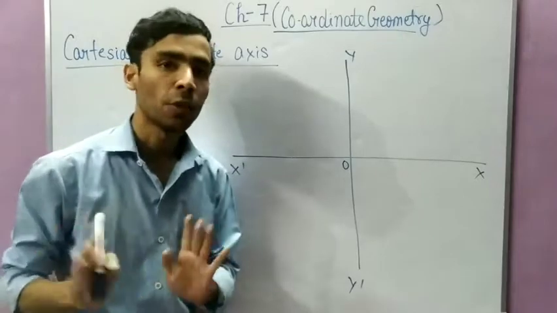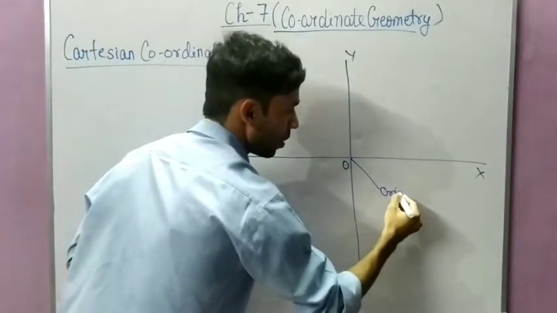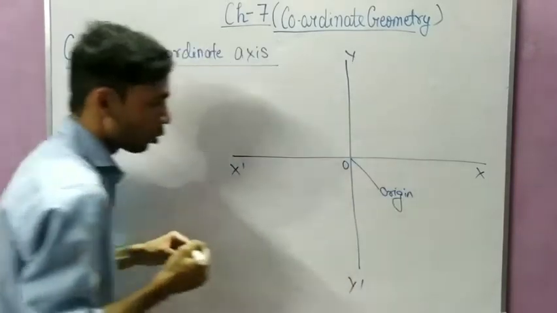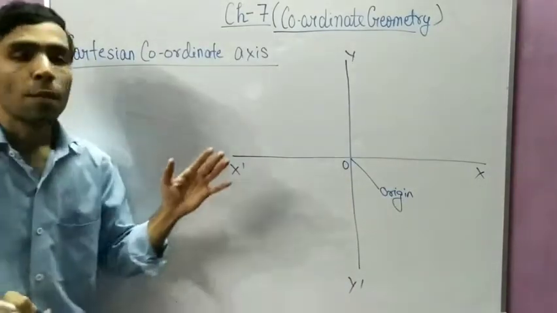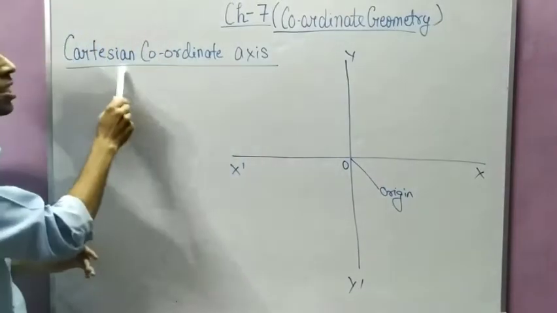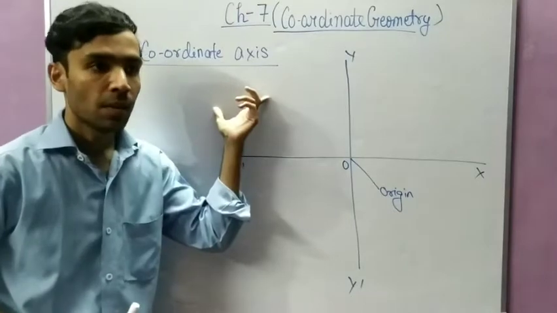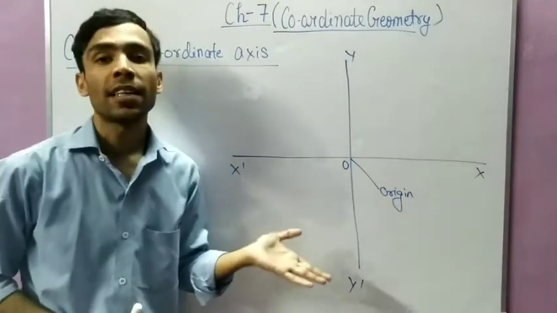This you already know. So the combination of the x-axis and y-axis is known as the Cartesian coordinate axis. In the Cartesian coordinate axis both the x-axis and y-axis come.